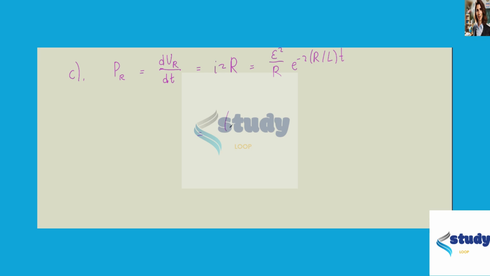So this is 60 volts squared divided by the resistance R of 240 ohms times e to the minus 2 times 240 divided by 0.16 multiplied by time t of 4 times 10 to the minus 4 seconds as before.